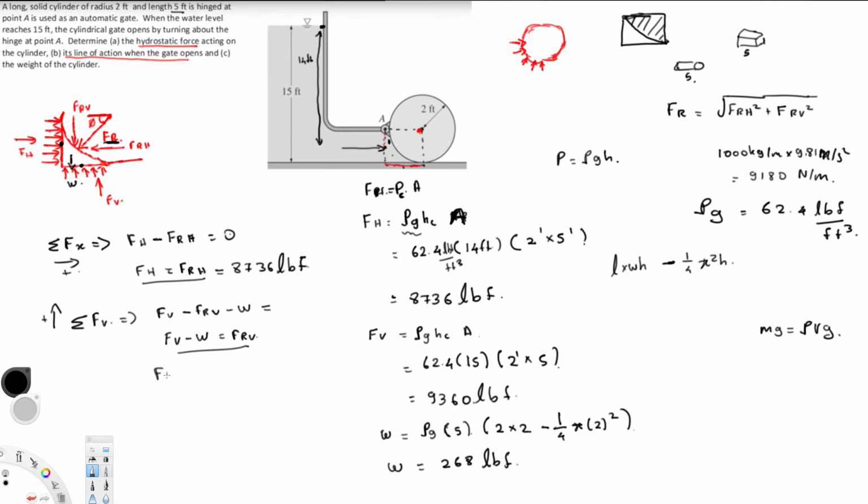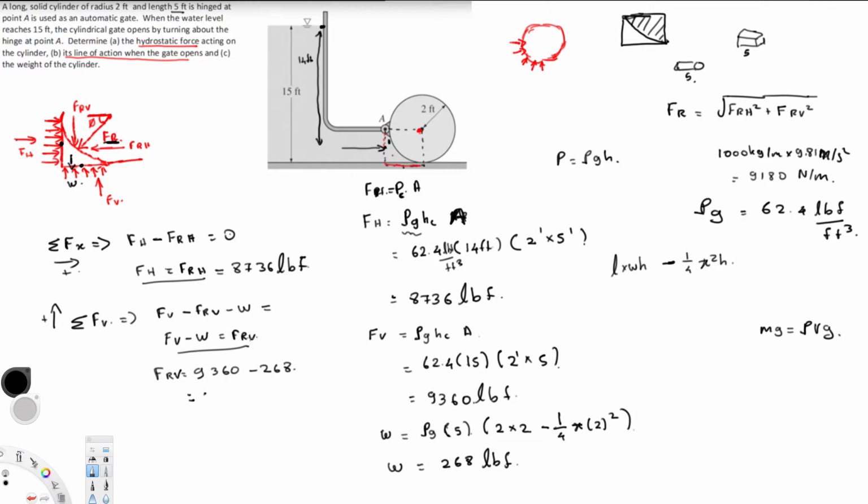And now we can calculate this FRV. So FRV is equal to FV minus W. So FV is right here, 9360 minus 268. I have to use the calculator.